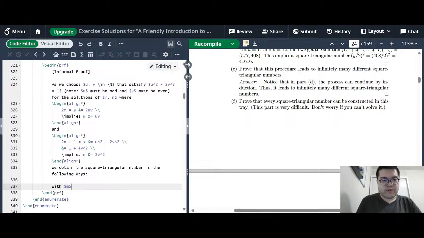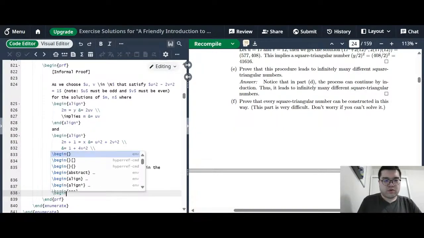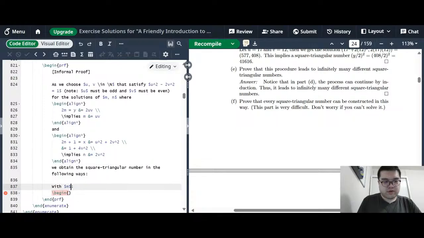With m, such a number becomes, now we're going to verify it.